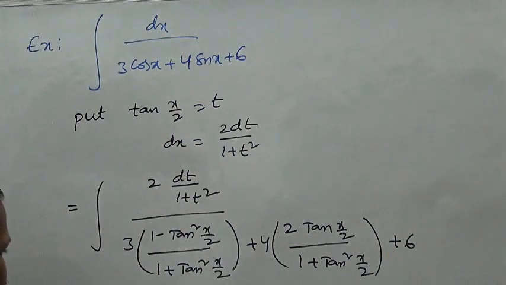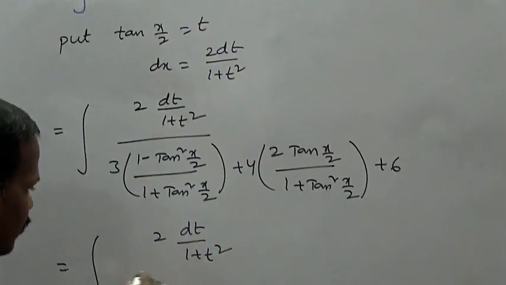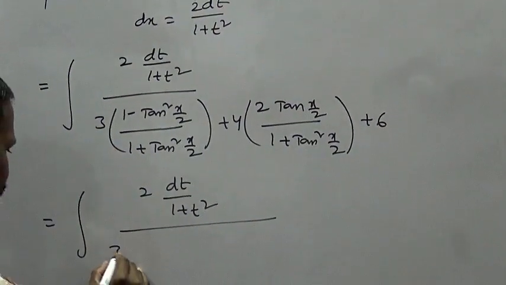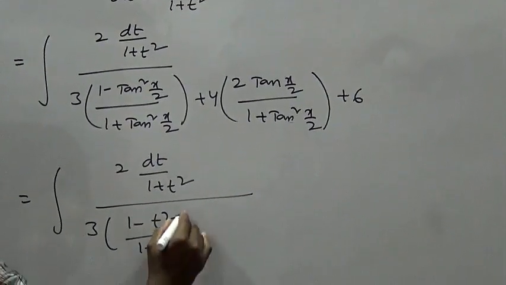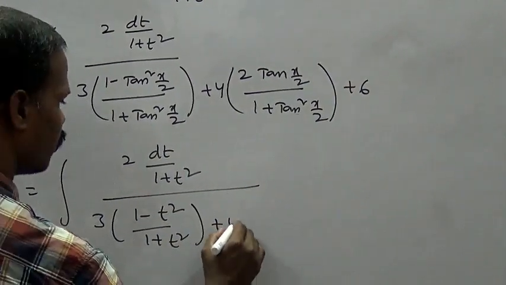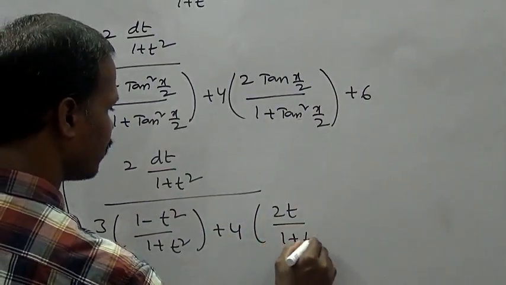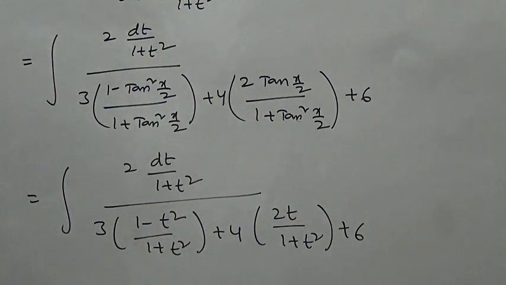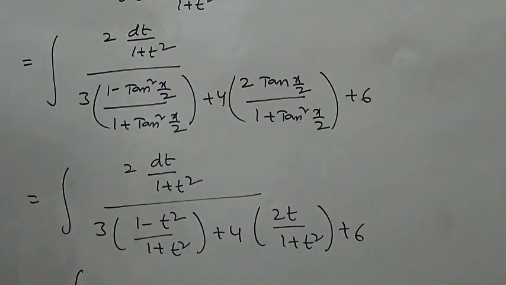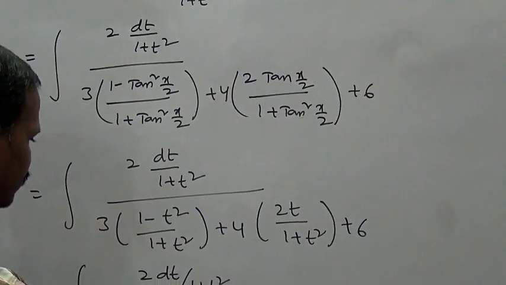Now this is equal to integral 2 dt by 1 plus t square by 3 into 1 minus t square by 1 plus t square plus 4 into 2t by 1 plus t square plus 6. Okay? Now this is equal to integral 2 dt by 1 plus t square.